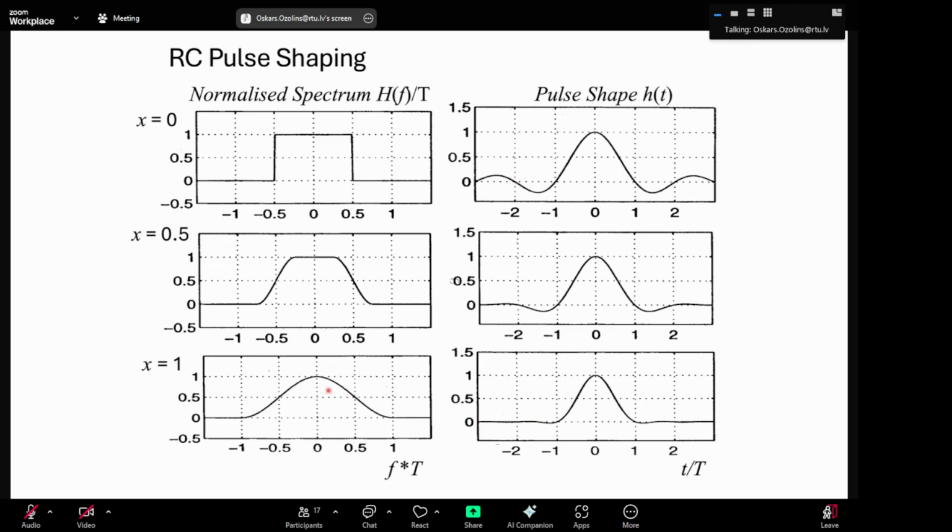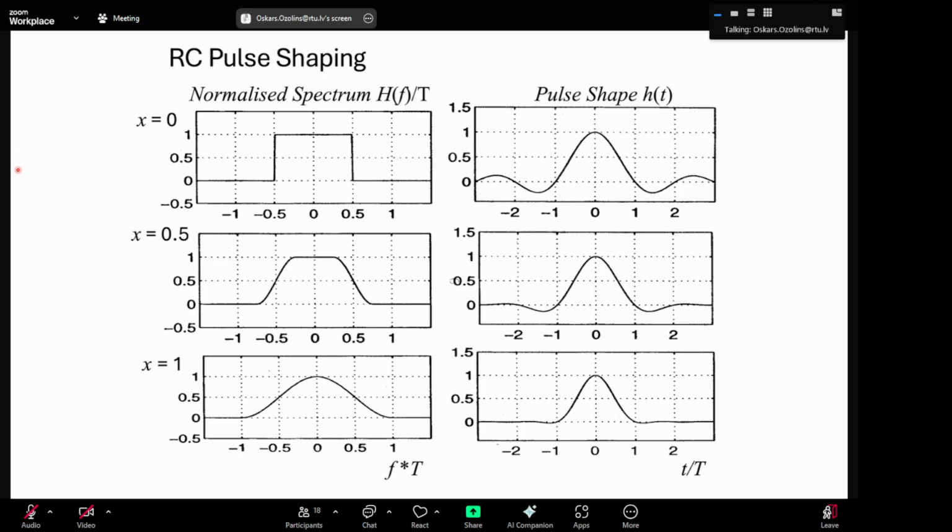So you need to optimize this one and this one. This optimization you do based on what signal bandwidth, or system bandwidth, is available. Then you do this type of pulse shaping on the signal.